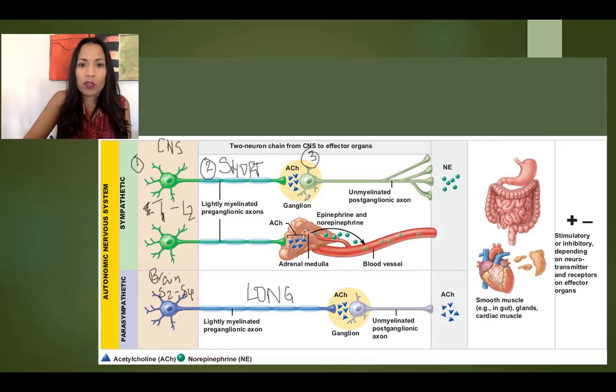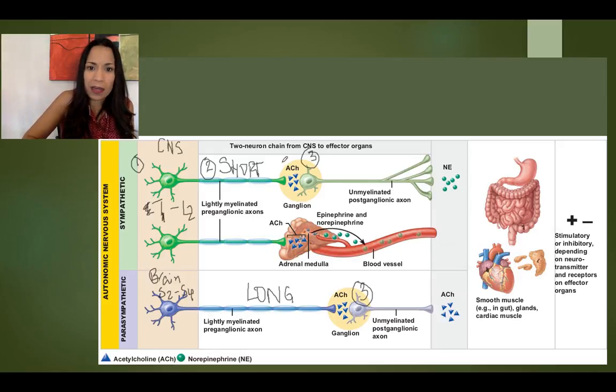So those are the locations of the ganglionic neurons in the sympathetic nervous system. In the parasympathetic nervous system, these ganglia are located very close to or within the target organ.